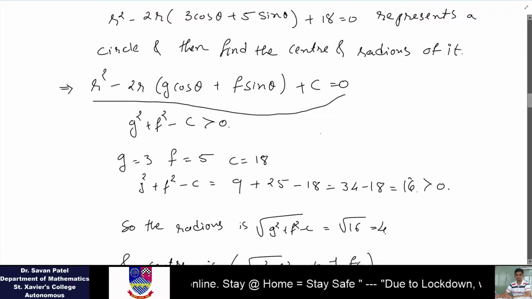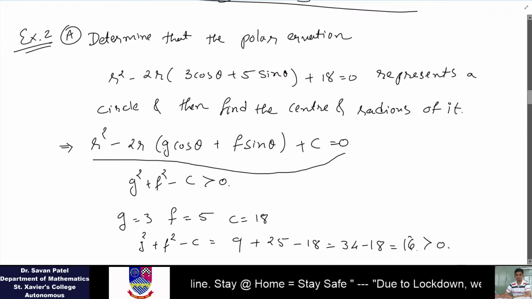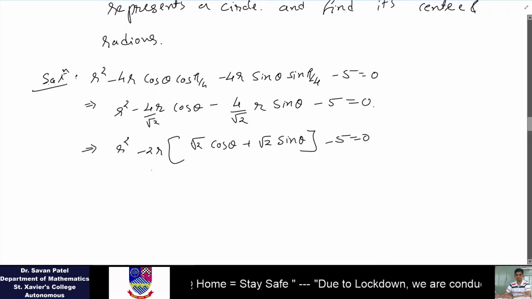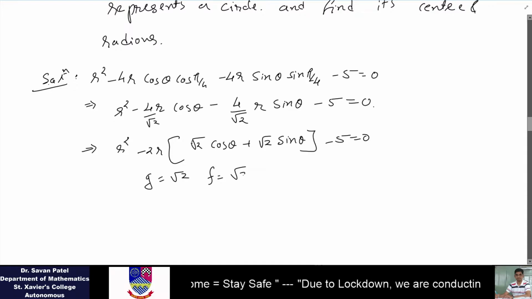So from this, the multiplier of cos theta is g, the constant multiplied with sin theta is f, and the last constant is c. So here your g is root 2, f is again root 2, and your c is minus 5.